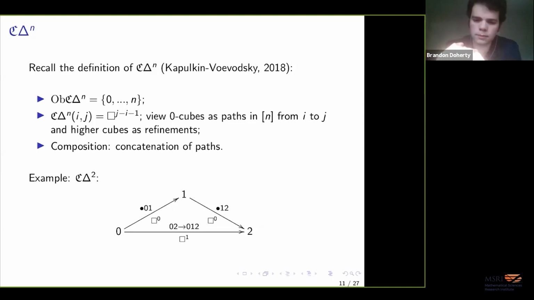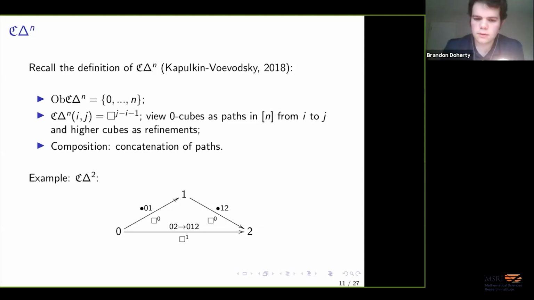So those mapping spaces are both box 0. And then the mapping space from 0 to 2 is box 1. There we have two vertices, 0, 2 and 0, 1, 2, where 0, 1, 2 is the composite of those two vertices, 0 to 1 and 1 to 2.